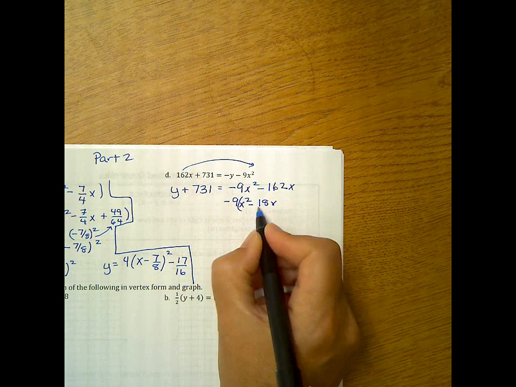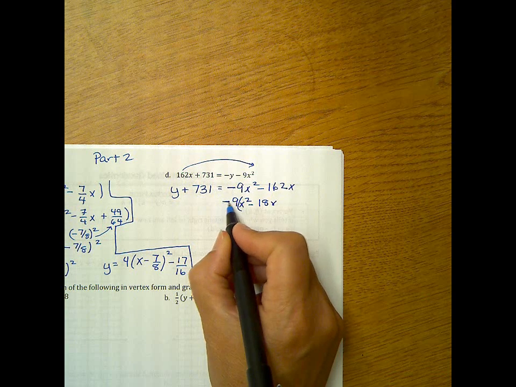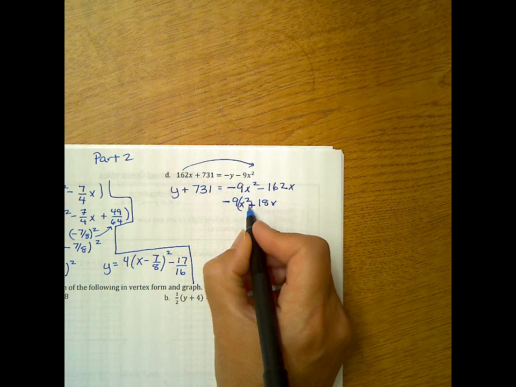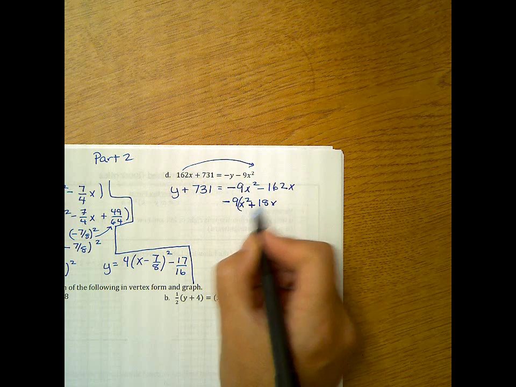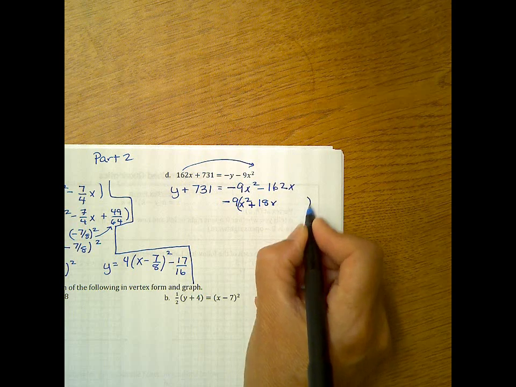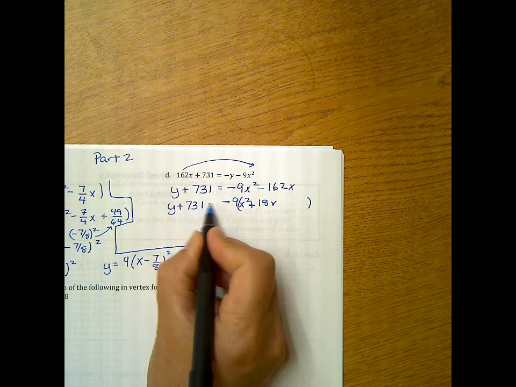So now be careful. If I pull out a negative, this is what I was talking about earlier. If I pull out a negative, I need a negative times a positive would be a negative. So if you pull out a negative, you've got to change the sign of everything in those parentheses. So we're going to leave a little blank there to complete the square, and we have y plus 731 on the other side.